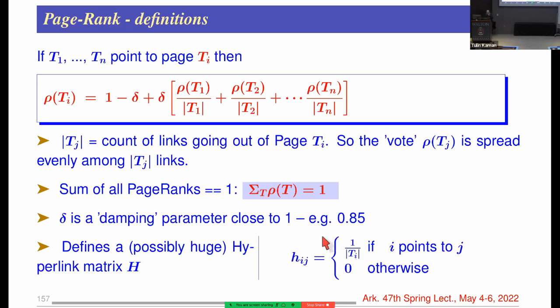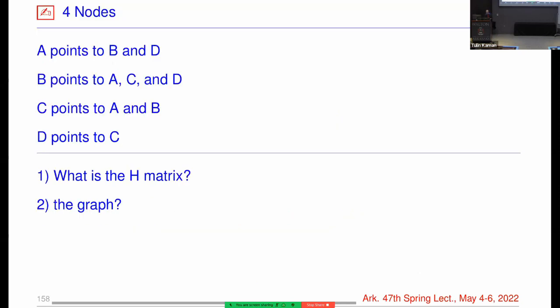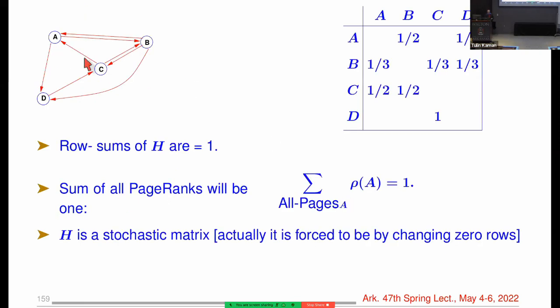And then this is the matrix that you set up, the transition probability matrix. So H_ij is 1 over T_i if there is an edge from i to j. There's an example in here, and you can see from this example how you get this matrix.